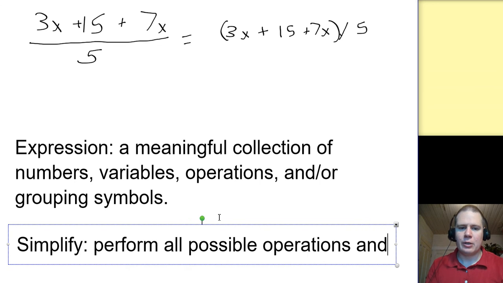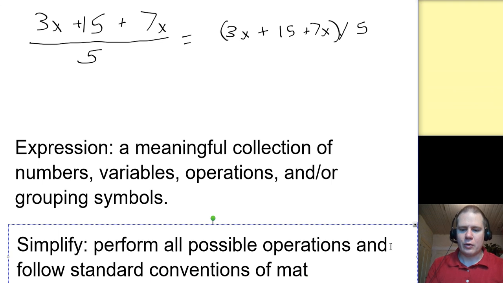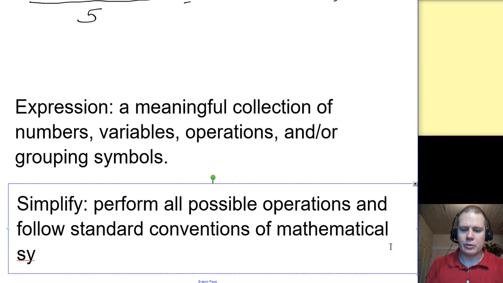And the second part is less important, but it's still key to knowing what our final answer should look like: and follow standard conventions of mathematical syntax.